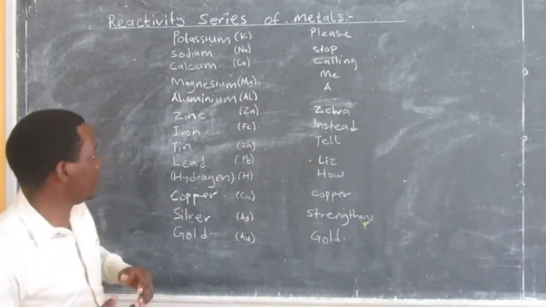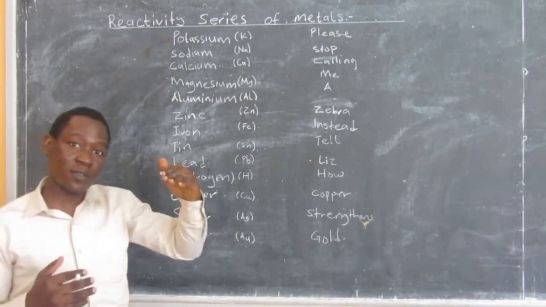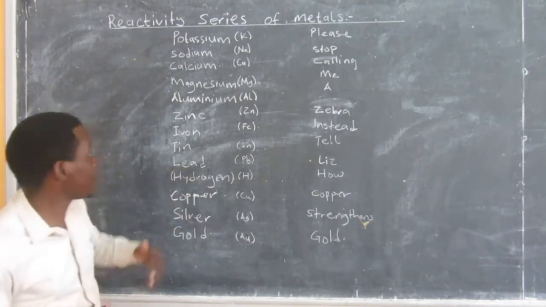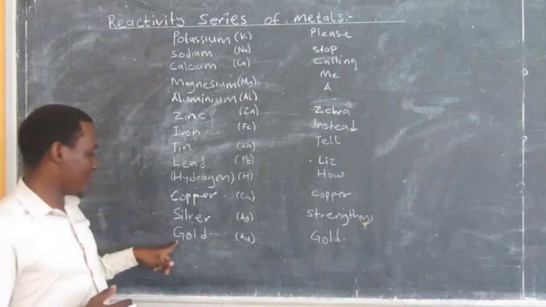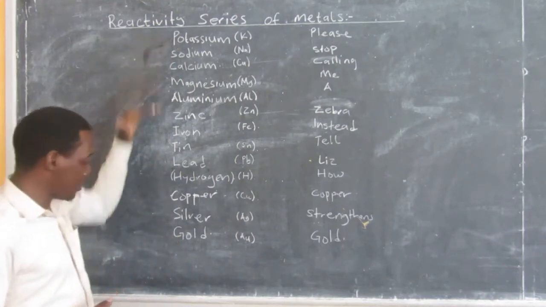We arrange elements from the most reactive going to the least reactive. As you can see, we have potassium to gold, meaning that potassium is going to be more reactive than gold.